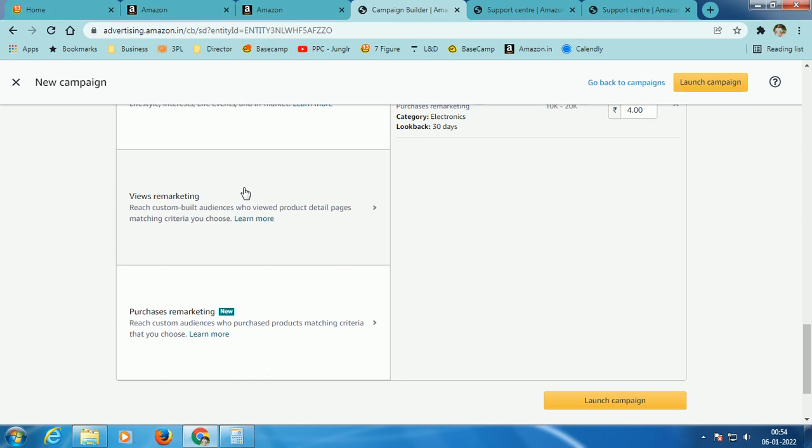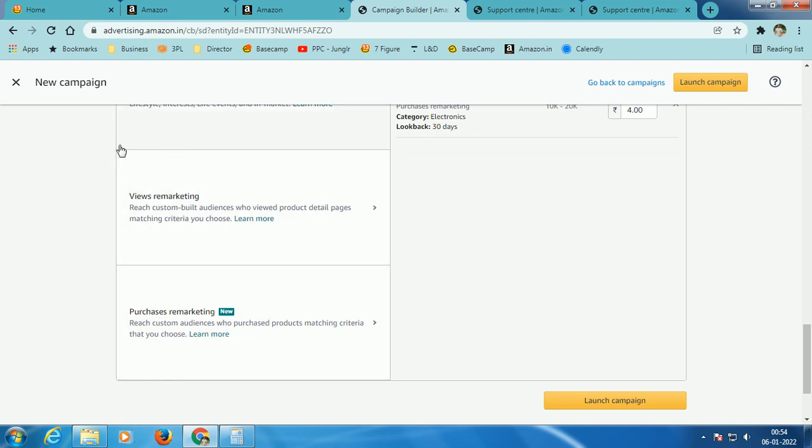When you use views remarketing, you target those 900 people who did not buy in the last 30 days, but have opened the product detail pages. These are people who are interested and checked product detail pages, but did not buy. So if you run these campaigns, you are targeting those 900 people.